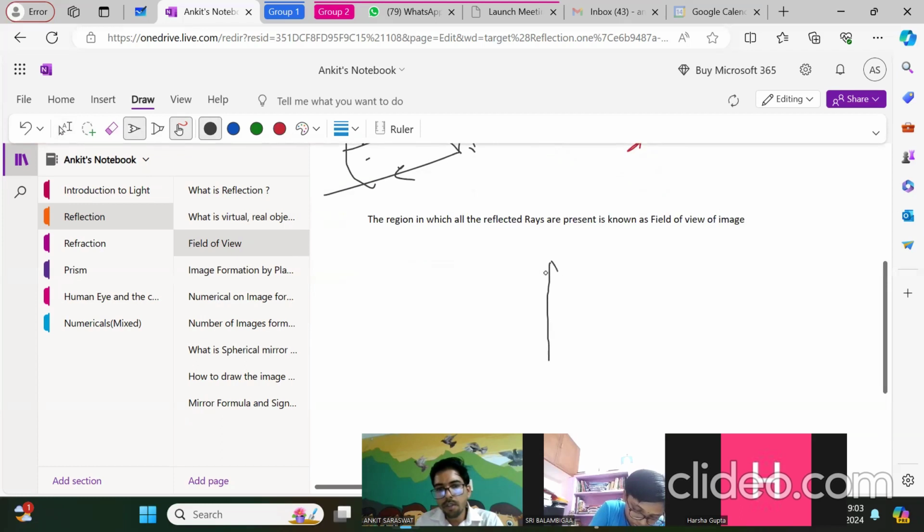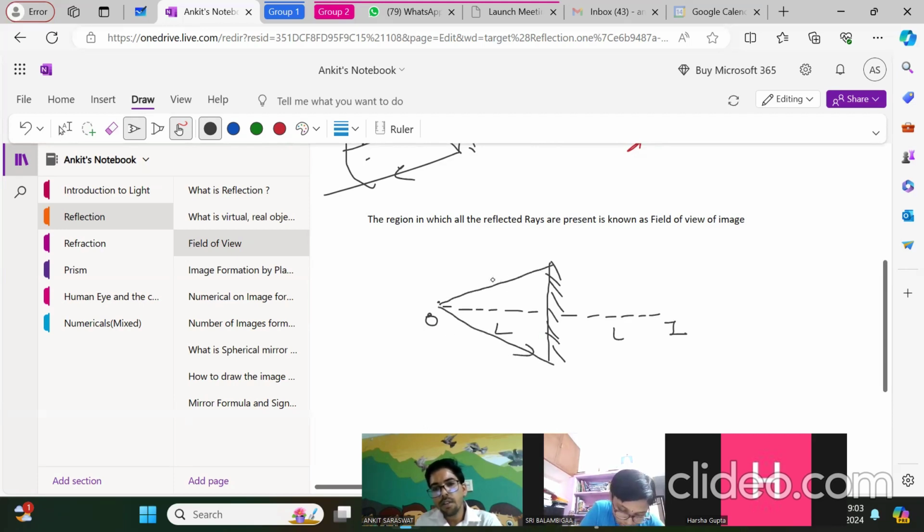This is the plane mirror. This is the object. Object is at a distance L. Image will be L distance back. How many rays are required? Minimum 2 rays. Then you will take one ray like this, second ray, and this is going like this.